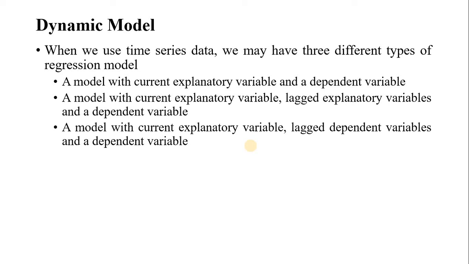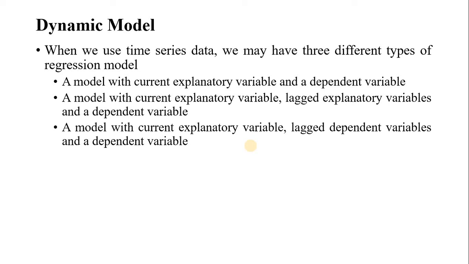In your model, two different types of variables are there: one is the dependent variable, one is the explanatory variable, which are contemporaneous or current. That means you are not including any lagged values in your model. Y_t = beta_0 + beta_1 X_t + u_t. This is an example of this kind of model.